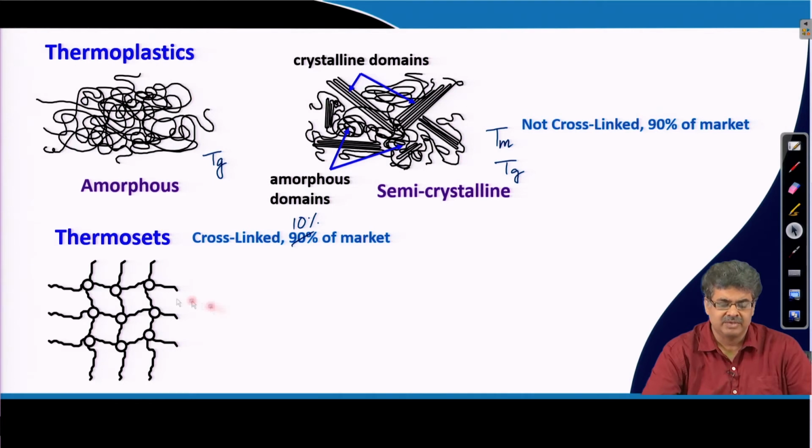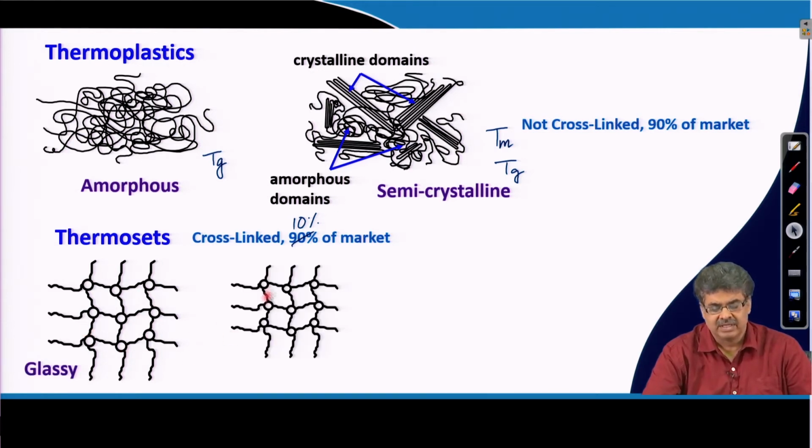And thermosets could be of two types. If the temperature of application is below the glass transition temperature or Tg of the polymer, then it will behave as glassy, which is very difficult to process.